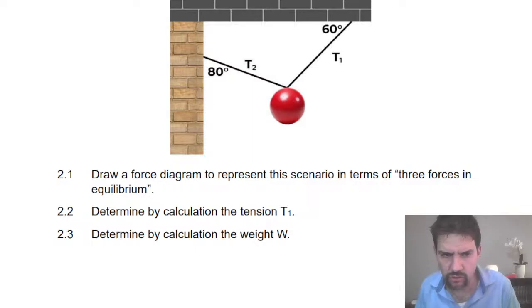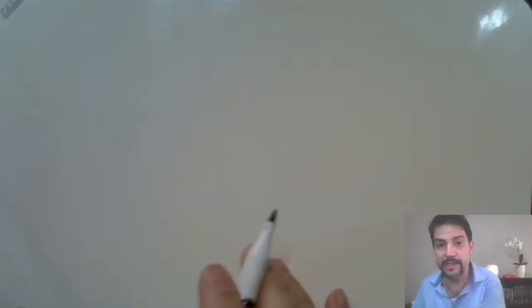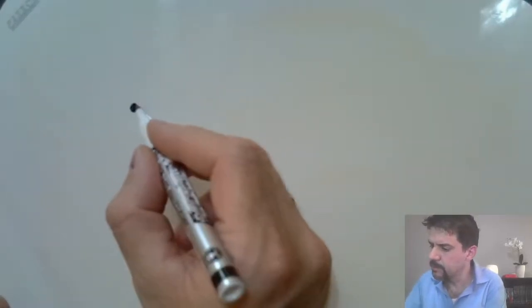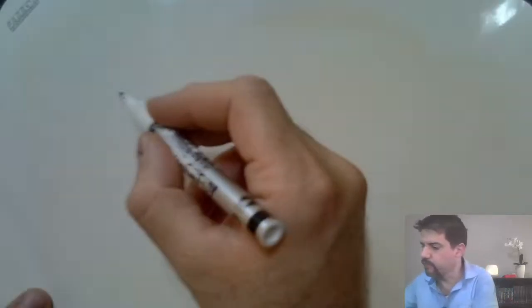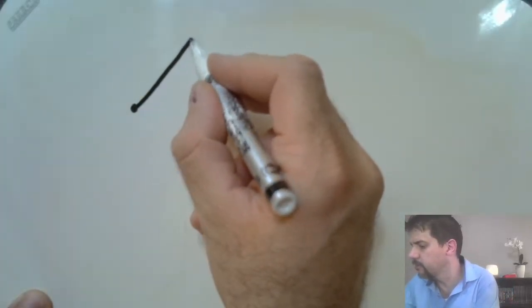So let's do the drawing that they want. And for this drawing, like the free body diagram, values are not required. You only have to be able to draw the forces in the triangle. So let's do that quickly. If we come here, and we draw the first force, look at the direction there, right? First force is going in this direction.